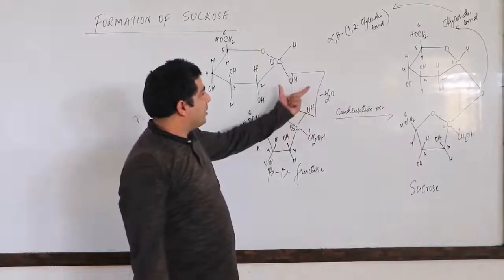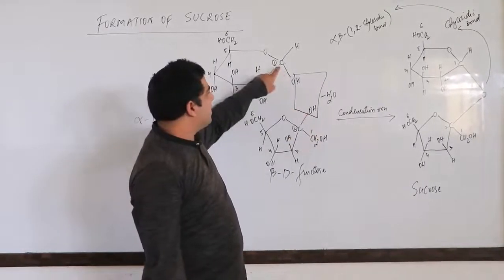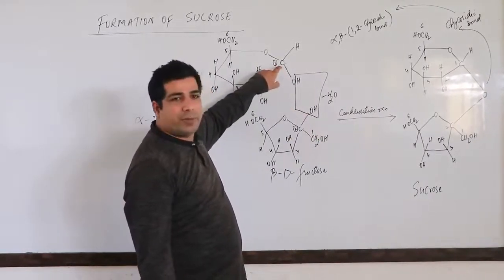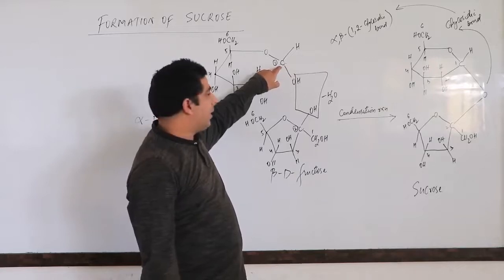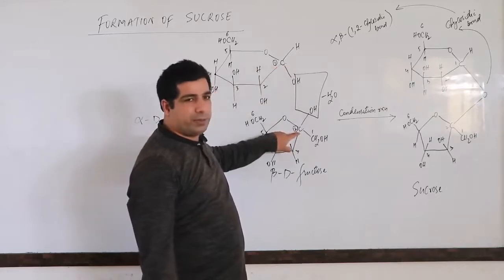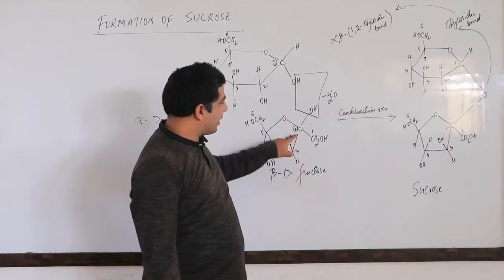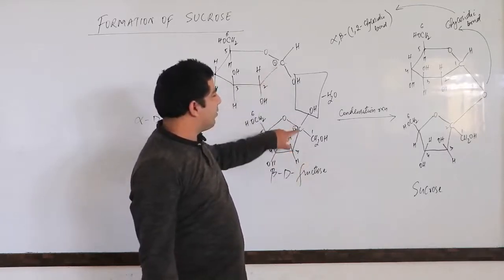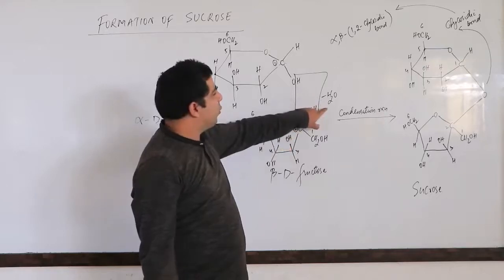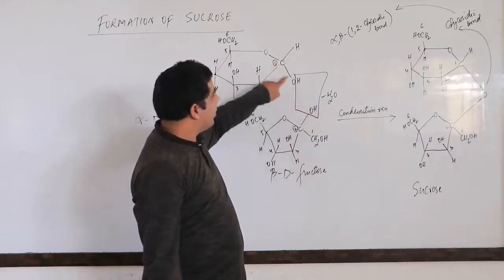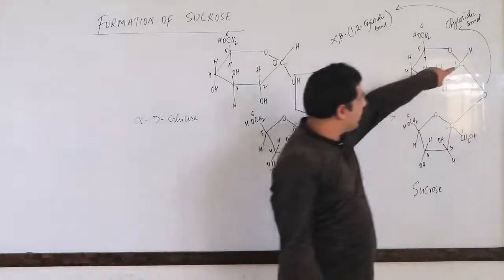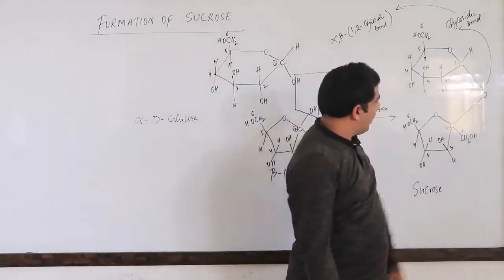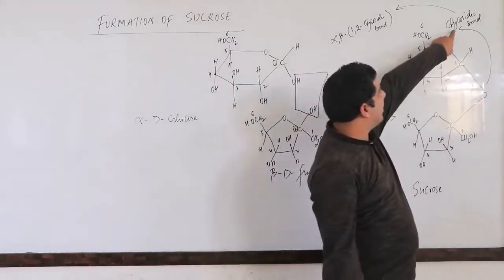Then there was a loss of a water molecule, because the first carbon of glucose, an anomeric carbon, reacts with the second carbon of fructose, which is also an anomeric carbon. So two anomeric carbons are reacting, losing water, and then there is formation of a C-O-C bond.